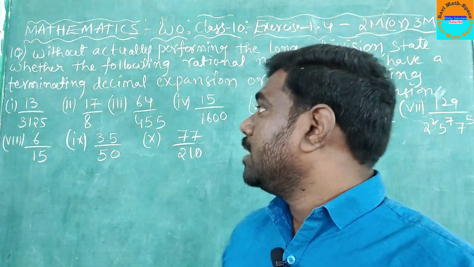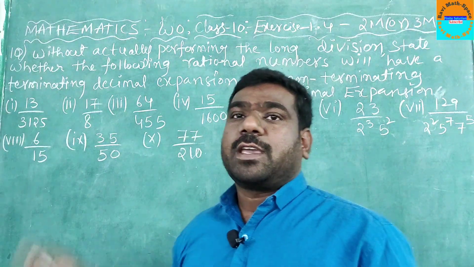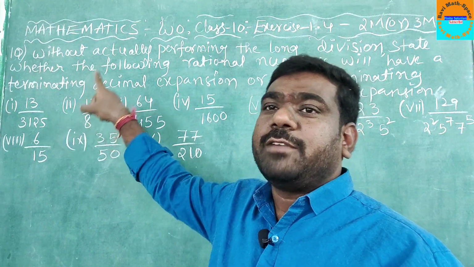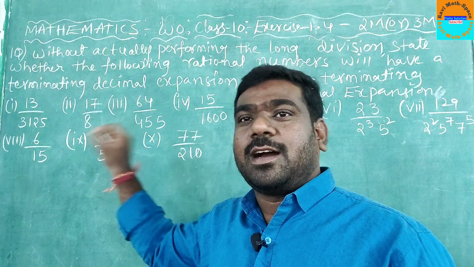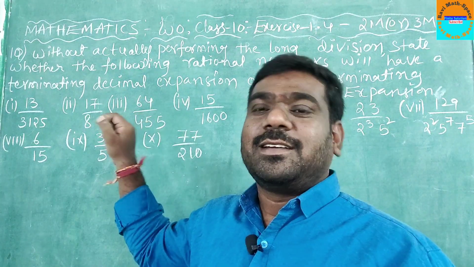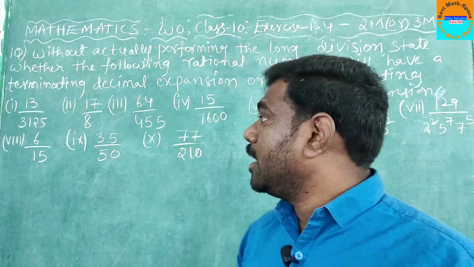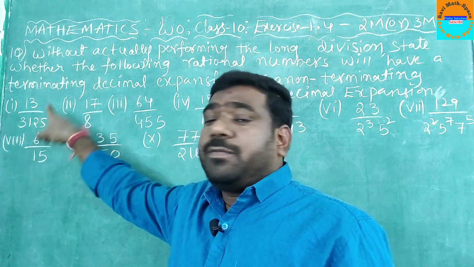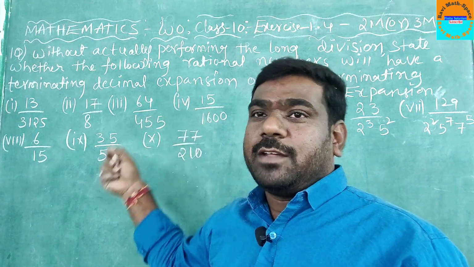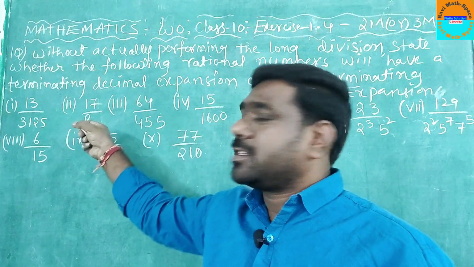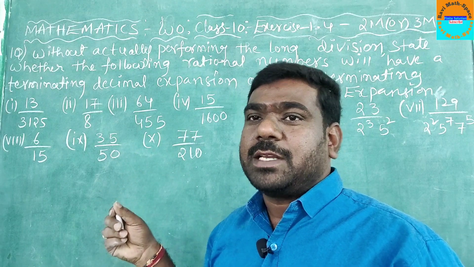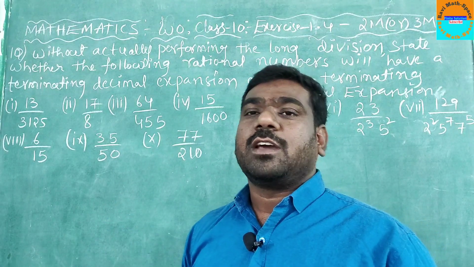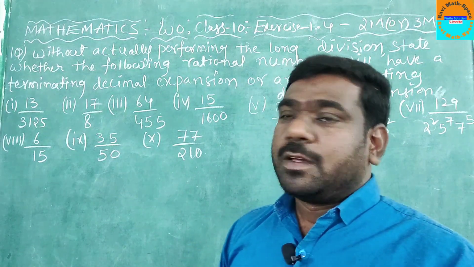Based on these three theorems, we can say whether the given rational number has a terminating decimal expansion or a non-terminating decimal expansion. If you want to identify which one it is, what condition are we going to check? Very simple.